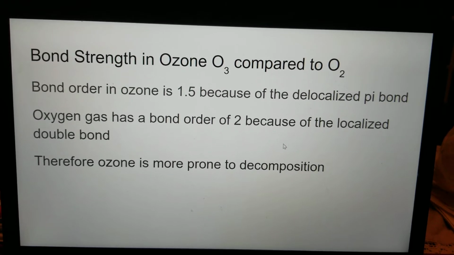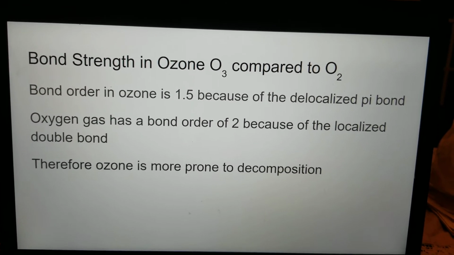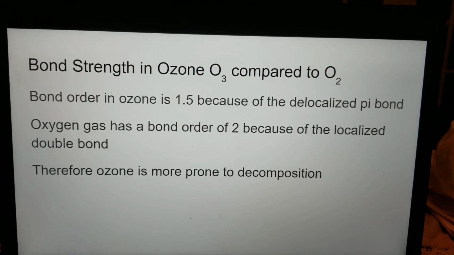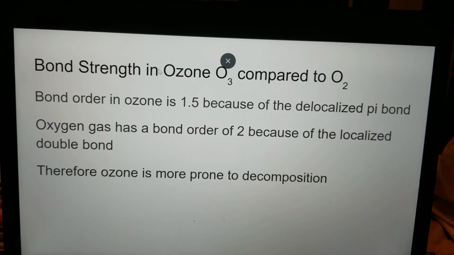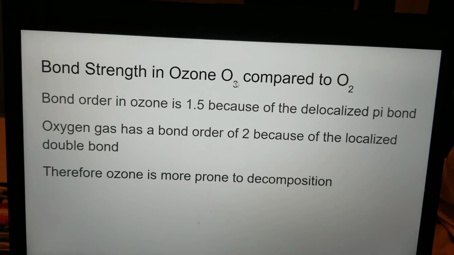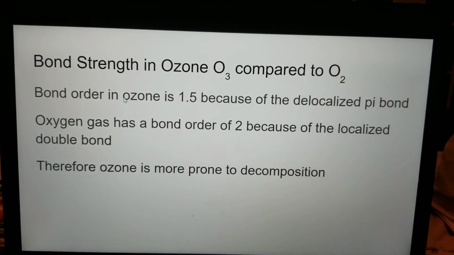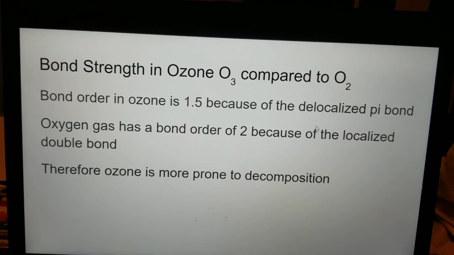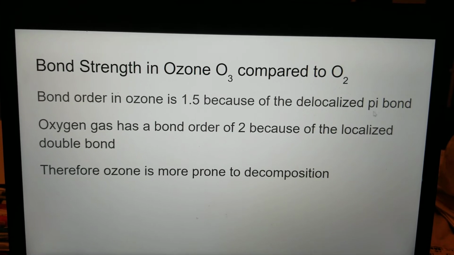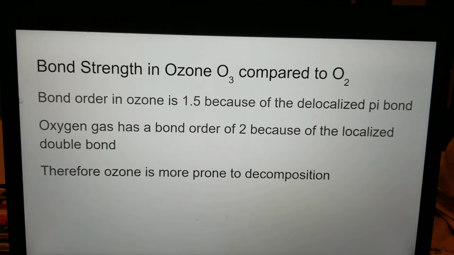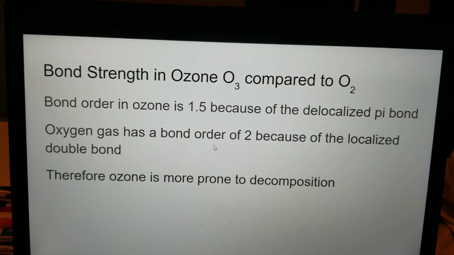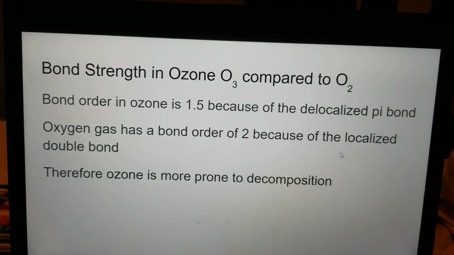A couple more things here in the last part of topic 5. We're going to go ahead and finish the notes, going over the notes. Bond strength in ozone, O3, compared to O2. Bond order in ozone is 1.5, and that's because of the delocalized pi bonds. We'll talk about that in a bit in the next picture. And then oxygen gas, which is O2, has a bond order of 2 because of the localized double bond.